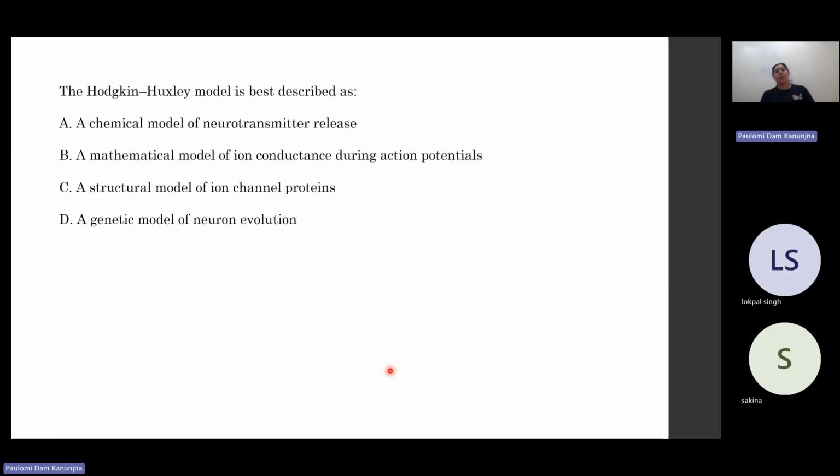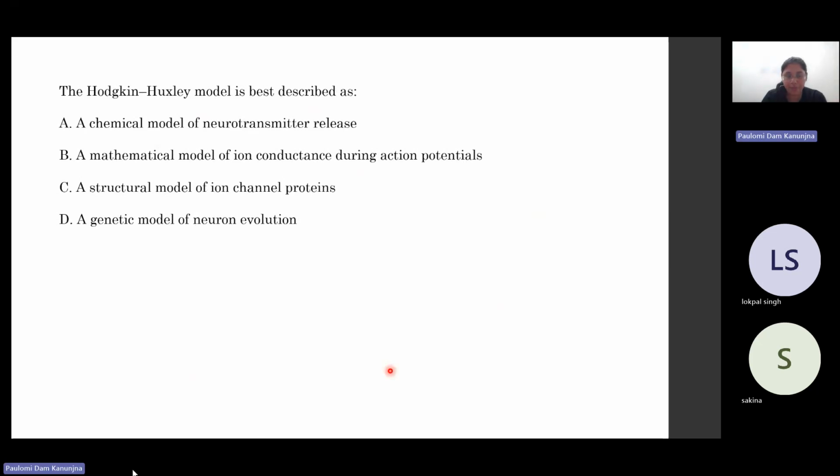Okay. Now, if you have to describe the Hodgkin-Huxley model in one statement, which one of these would be the correct statement?